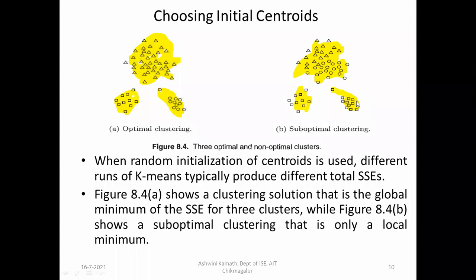This is the global minimum, so it is clearly divided. Figure 8.4b shows a suboptimal clustering that is only a local minimum. We cannot say that it is correctly divided when we cannot divide it completely. That is called a local minimum: locally it is sorted, or divided into clusters.